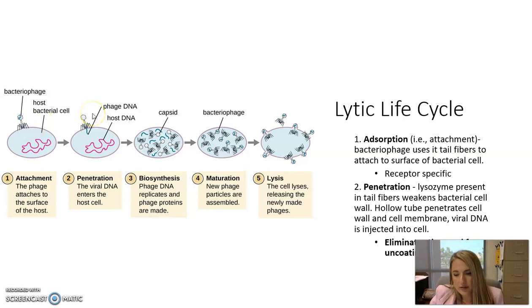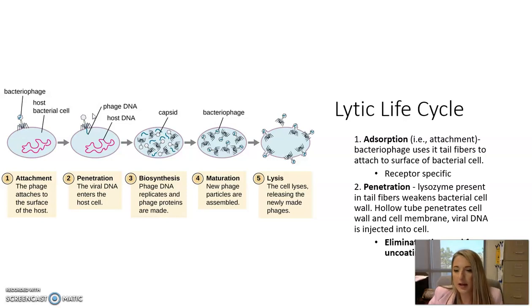Now, the penetration stage is quite different when we compare it between animal viruses and bacteriophages. With animal viruses, when they were going to enter a host cell, there were two mechanisms of penetration: endocytosis or membrane fusion. But in both cases, the virus entered with a protective covering.